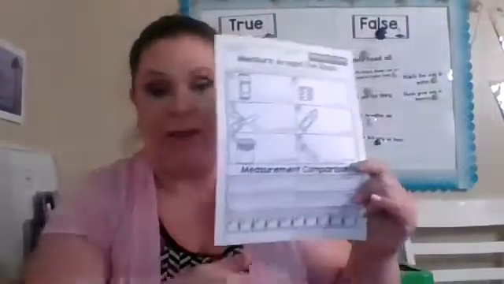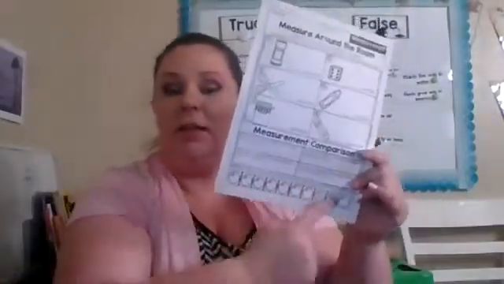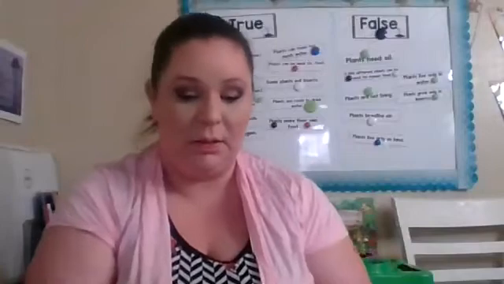The first thing you're going to do is cut off the gumballs that are on the bottom of your page. If you read the directions, use the gumballs to measure, okay?